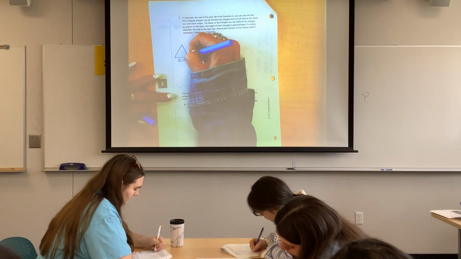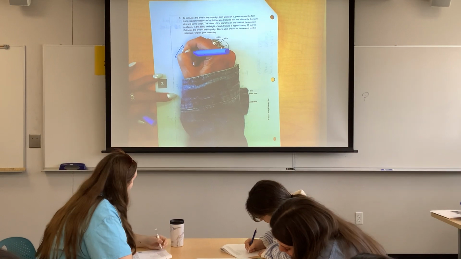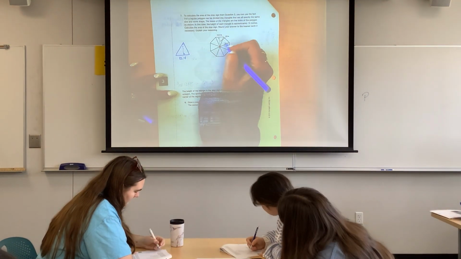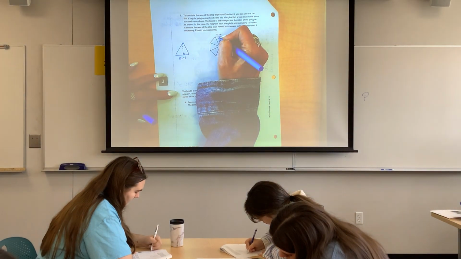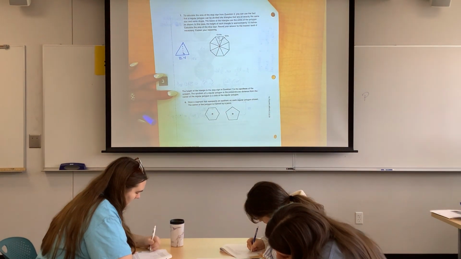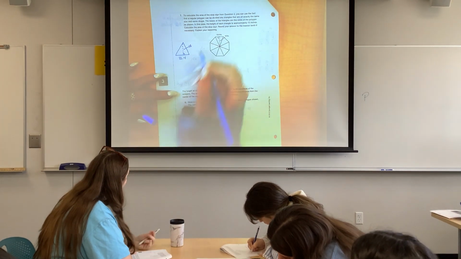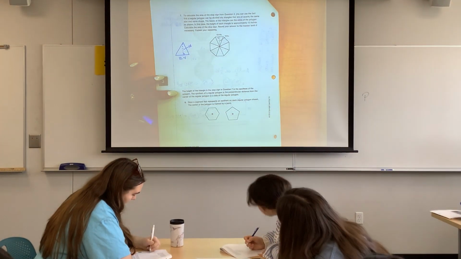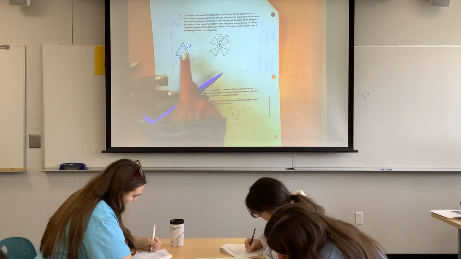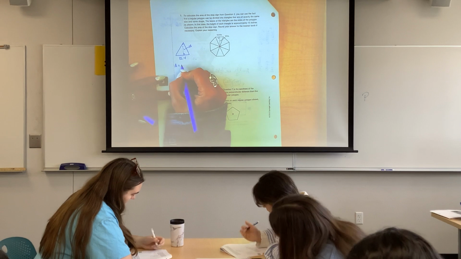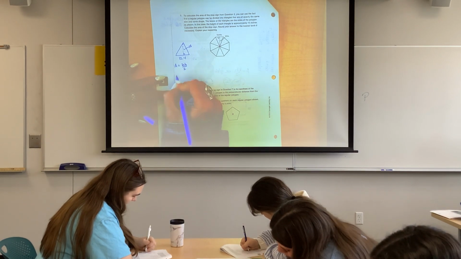Then I know that the apothem, which is the perpendicular distance from the center to the middle of that base, that gives me the apothem, which is what? 15, right? Can I find the area of this triangle? Yes. So the area is base times height over 2.